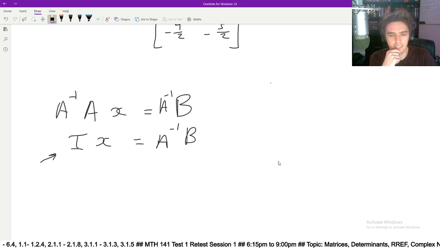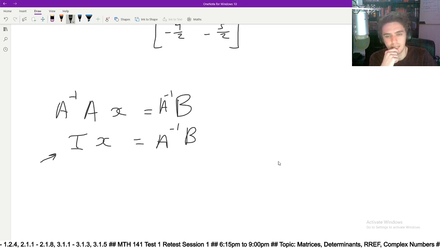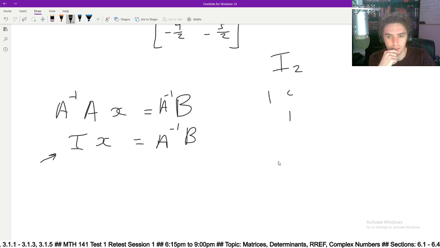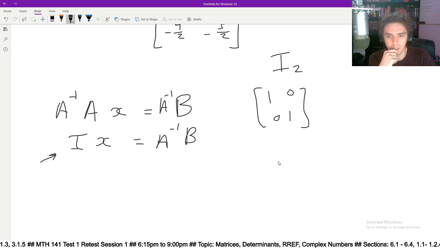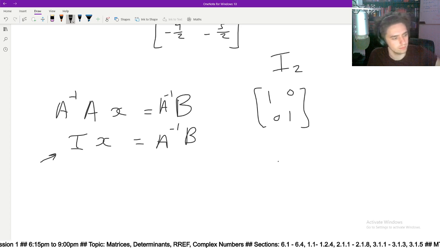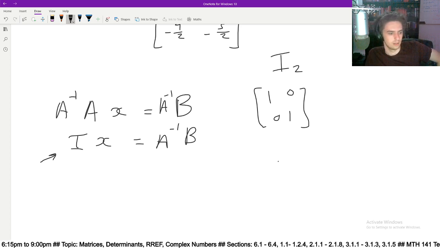More specifically, I2 is 1, 1, 0, 0. You can multiply any 2 by 2 matrix by this, and you'll just get the same 2 by 2 matrix out. I3 would be the same thing, but bigger.